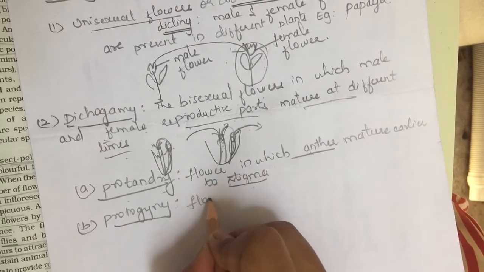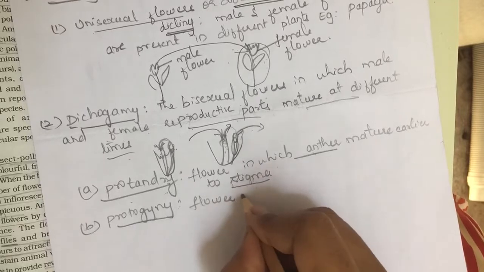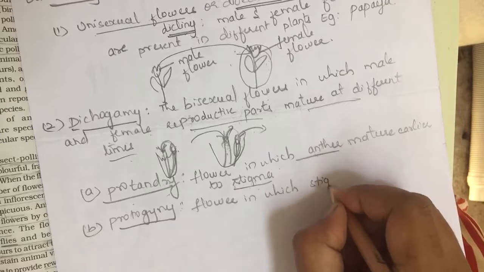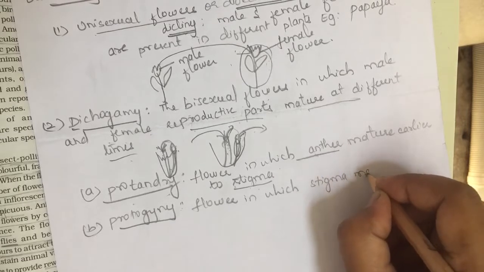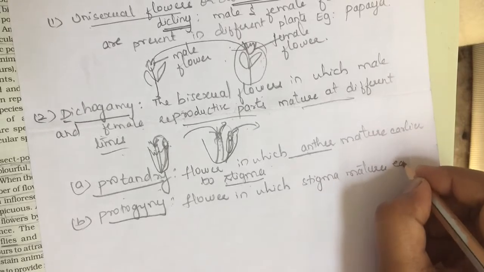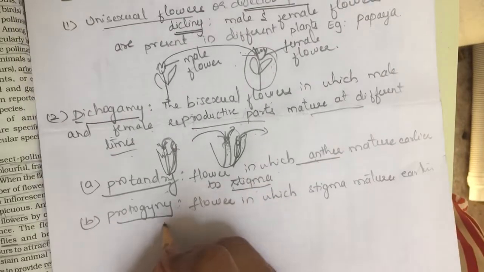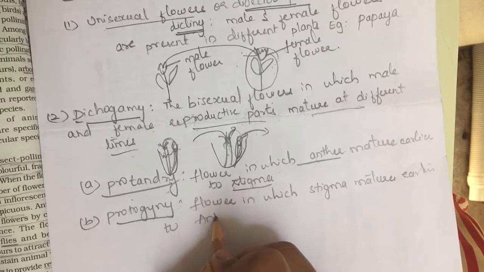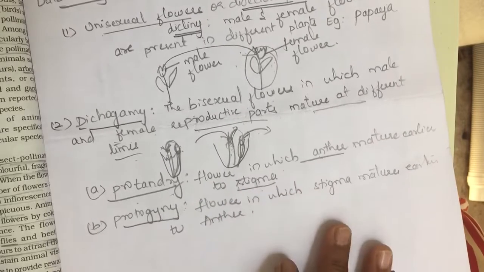Okay, a flower in which the stigma matures earlier to the anther. This is protogyny.